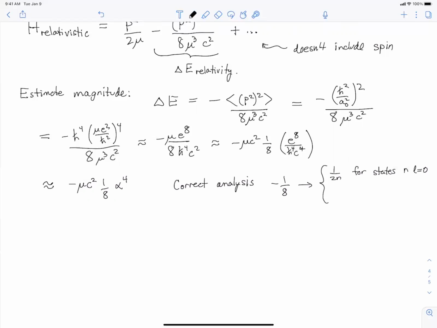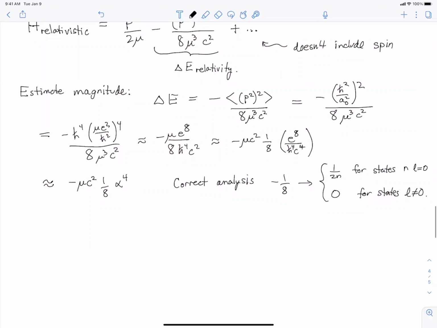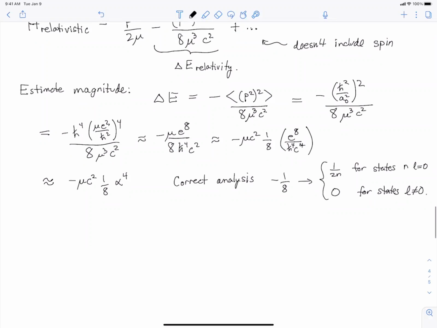And it turns out it completely cancels for states with L not equal to 0. So that's a surprising thing. And there's no way for us to tell from what we've done, what we've written down today, that cancellation would occur.